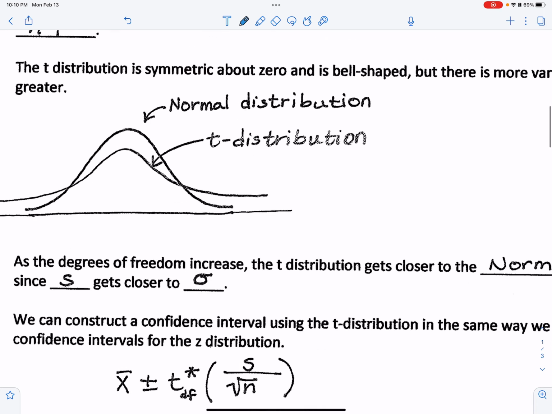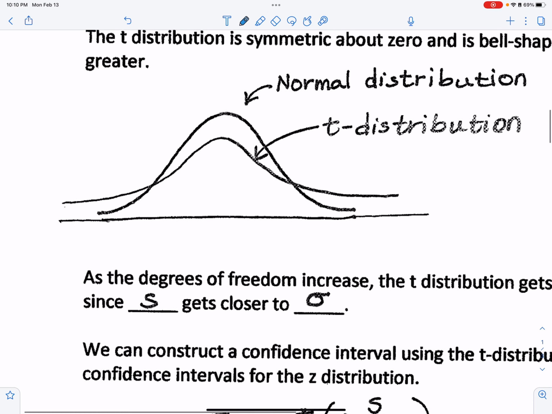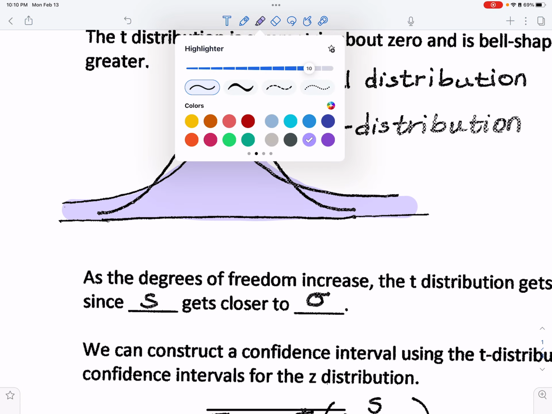I have it down here already, but you're going to see the normal distribution and the T distribution. I just want you to notice that the T distribution is much shorter and the tails are fatter than the normal distribution.